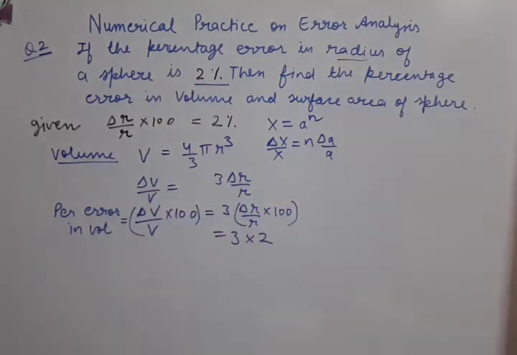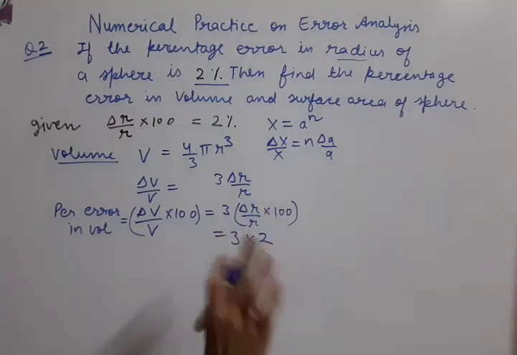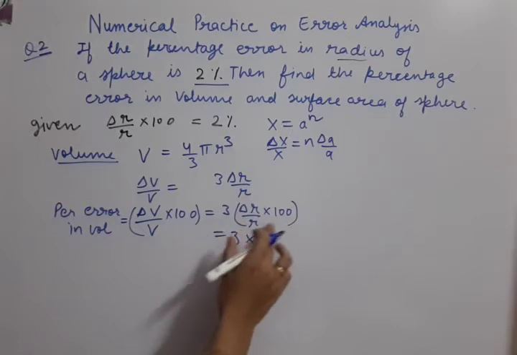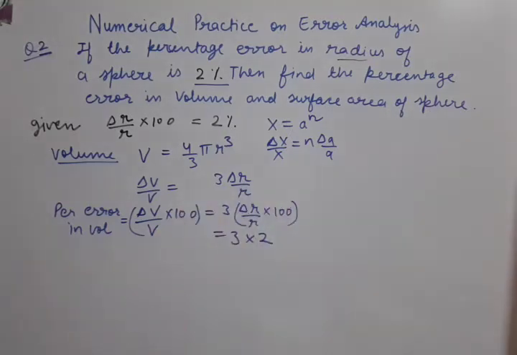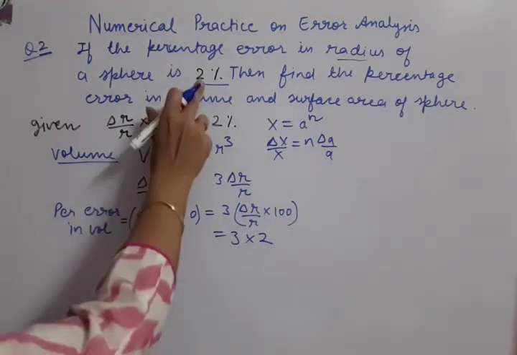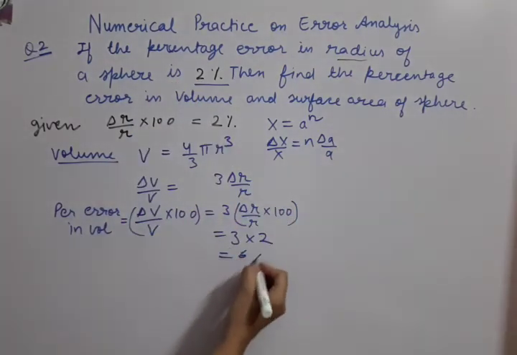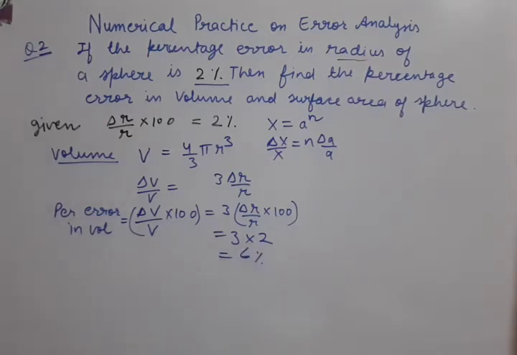So just I have to put 2 here. Into 100 I don't have to do, because this whole thing, delta r by r into 100, means percentage error of r. That is given 2%. So its whole value is 2%. So final answer is 6%. Okay. So in the volume, percentage error is 6%.